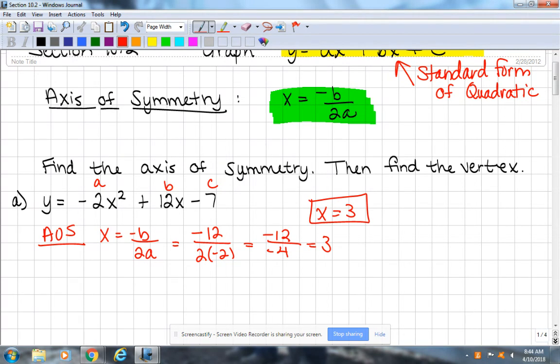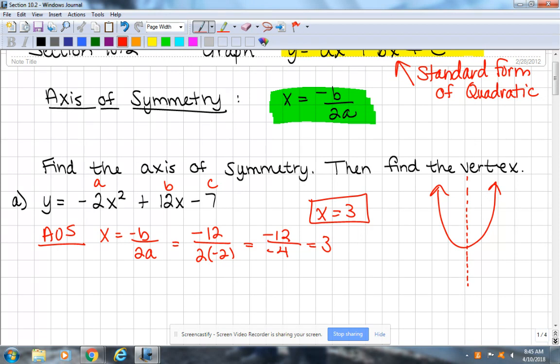Now, let's say I have this parabola right here. That's my axis of symmetry, which is the vertical line that goes through the center of the parabola. So if I fold along my axis of symmetry, both sides of my parabola mirror each other.